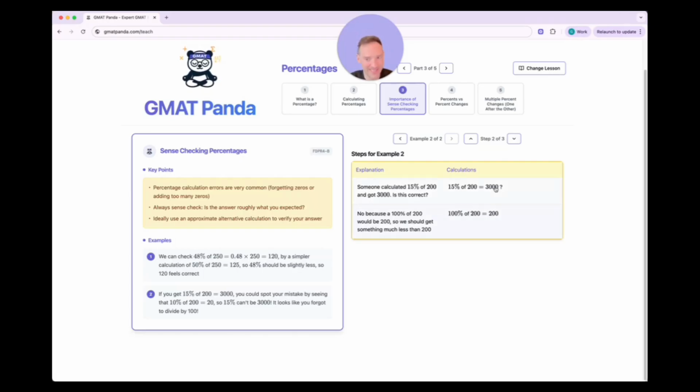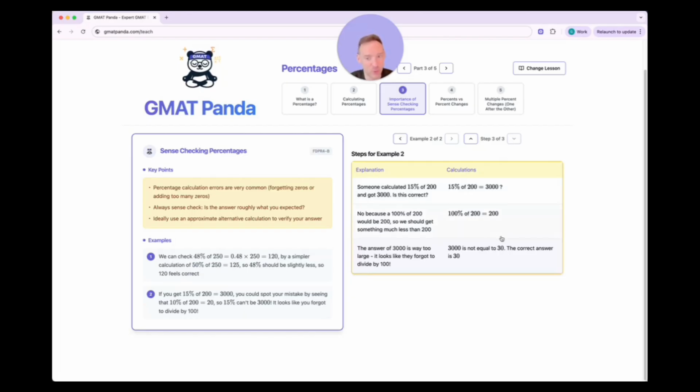And here we're getting something that's much bigger than 200. So that would correspond to a percentage that's much bigger than 100% and therefore much bigger than 15%. So again, something doesn't quite feel right here.